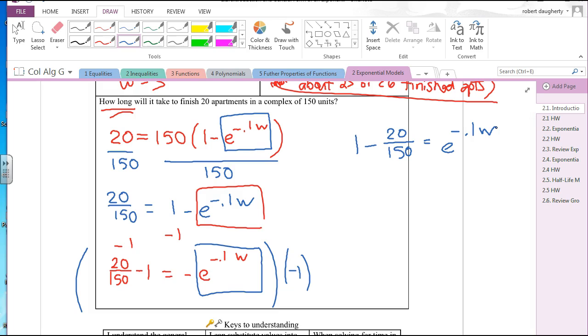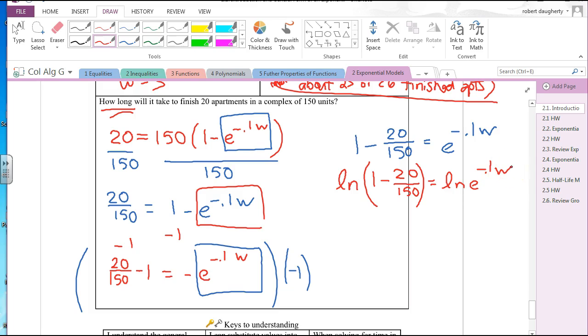Now, what do I do to both sides of this? I'm solving for the exponent. How do we solve for the exponent? We have to take the natural log of both sides. So, natural log of 1 minus 20 over 150 equal the natural log of e to the minus 0.1w.